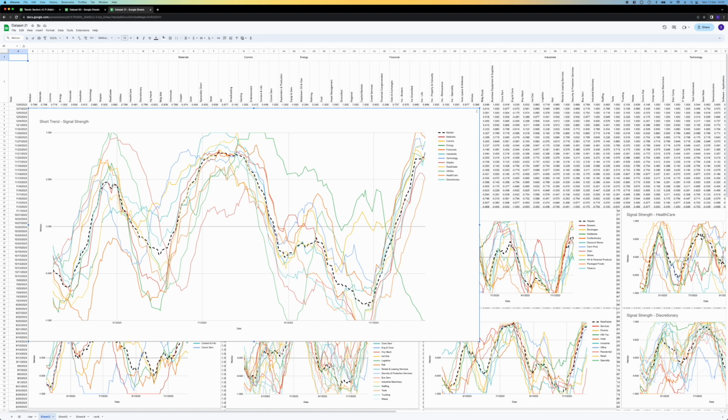That was the honest answer. It wasn't necessarily that things got better, it's that they couldn't really get any worse, which meant any slight positivity at this front end was going to push the signal strength higher.